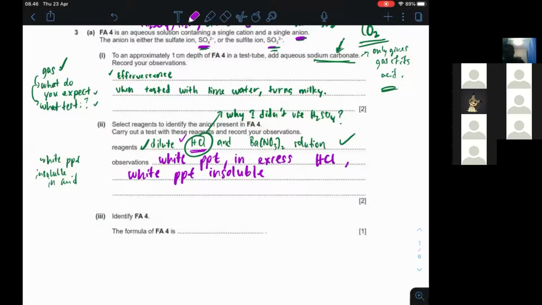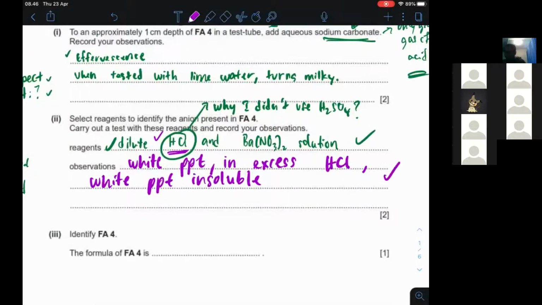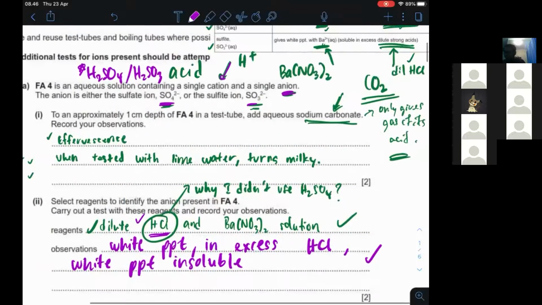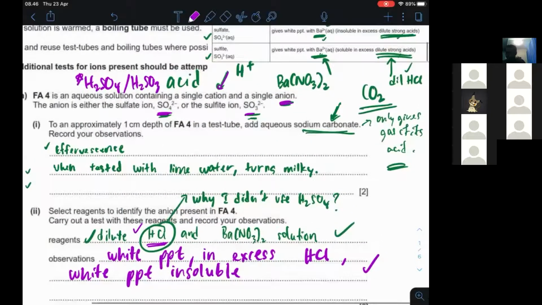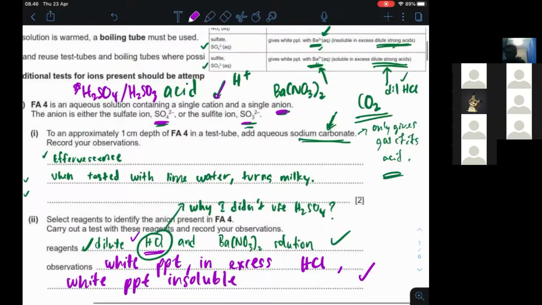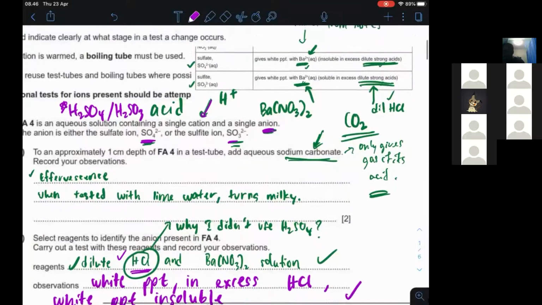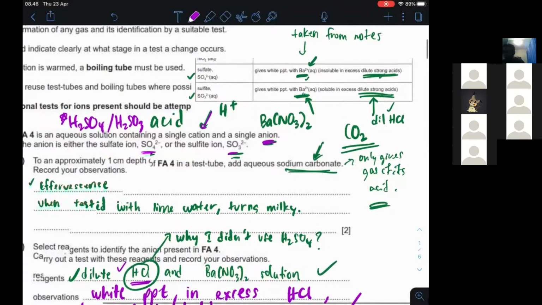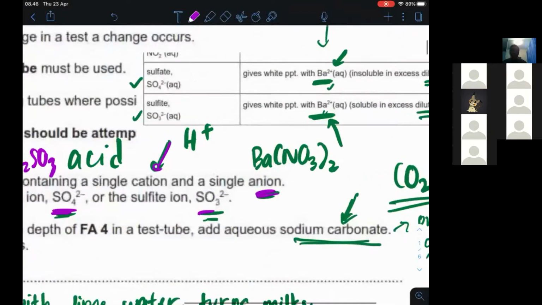Now, using this observation, can you predict for me what might be the anion? White precipitate, insoluble in excess. Stacy Setiadi, can you help me to predict? White precipitate, insoluble in excess.